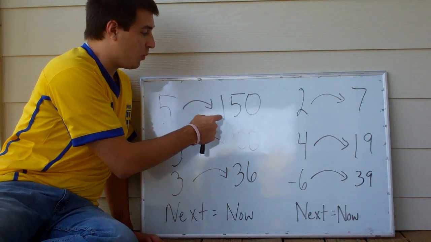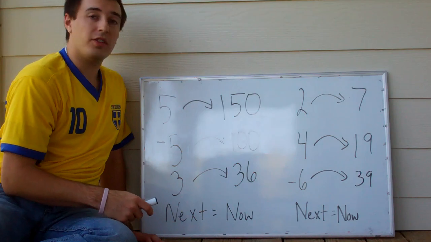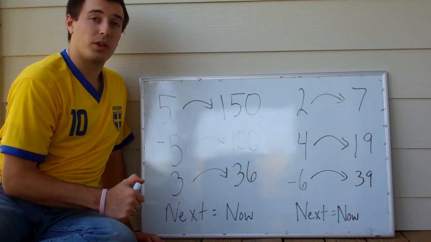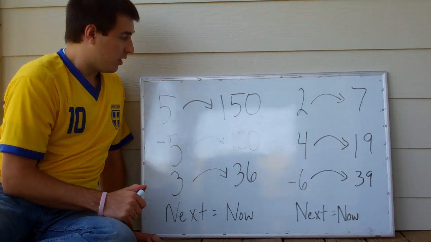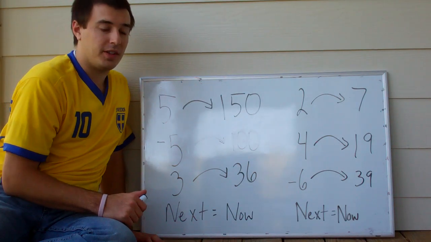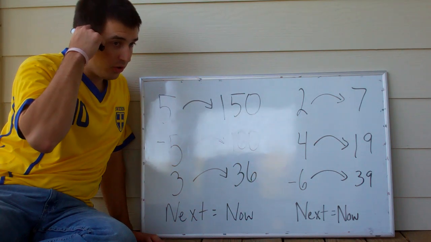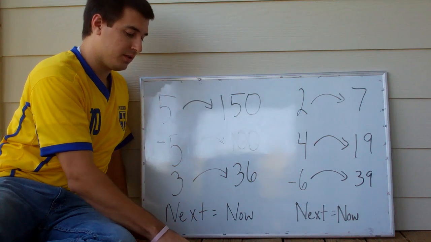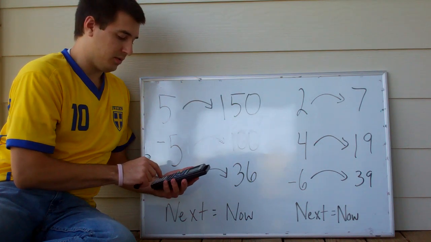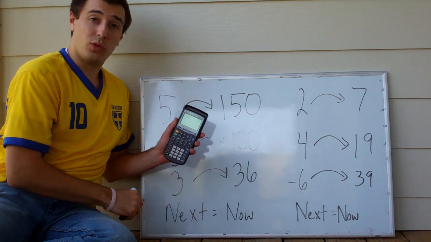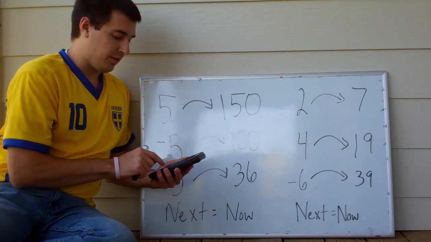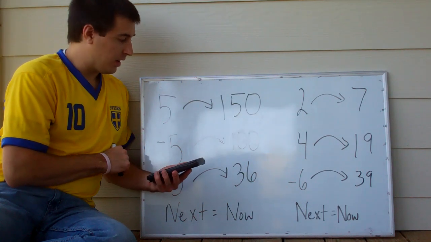So if we're going 5 to 150, so that's plus 145, that means. So, let's see. I know my cube of 5 is 125. 5 raised to the 4th is 625.